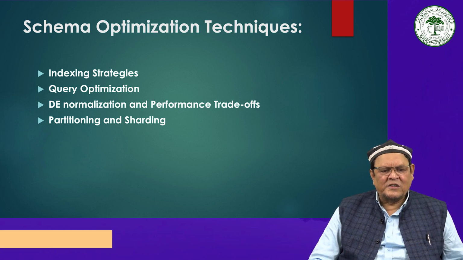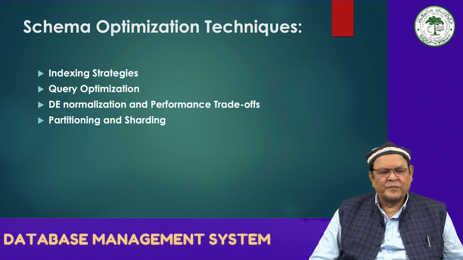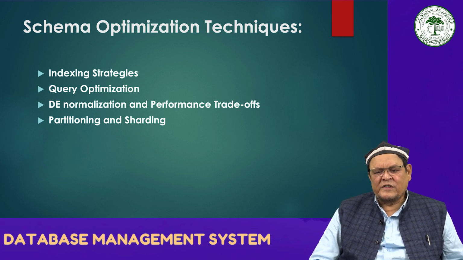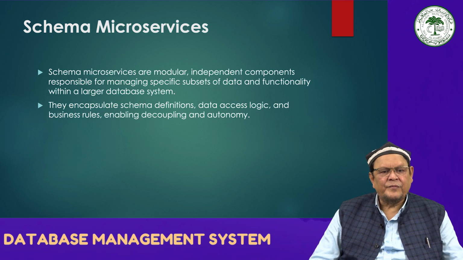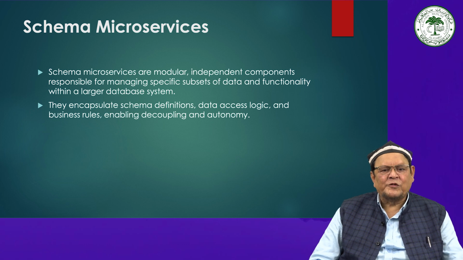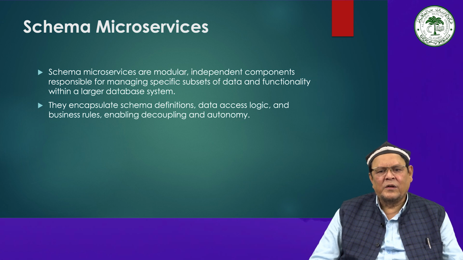Next is partitioning and sharding. Learn how partitioning and sharding contribute to schema optimization, especially in distributed database environments. Understand how these techniques enhance scalability. Now we will explore how microservices architecture can be applied to database schema design to improve scalability, flexibility, and maintainability.